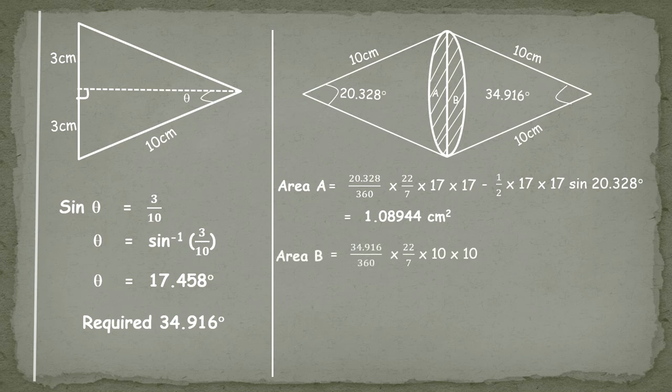Then for area B, we run the same substitution: theta, which is here, out of 360 pi r squared, where our r is here.